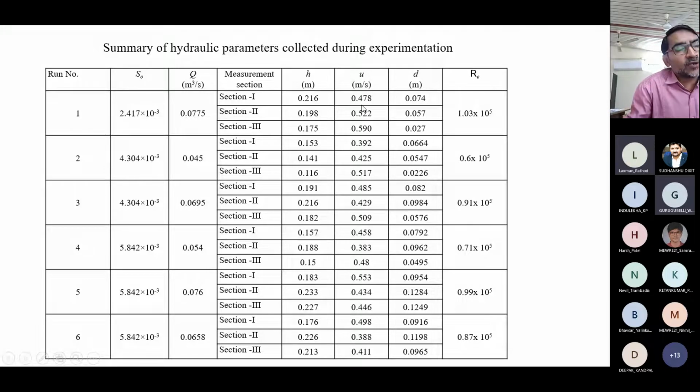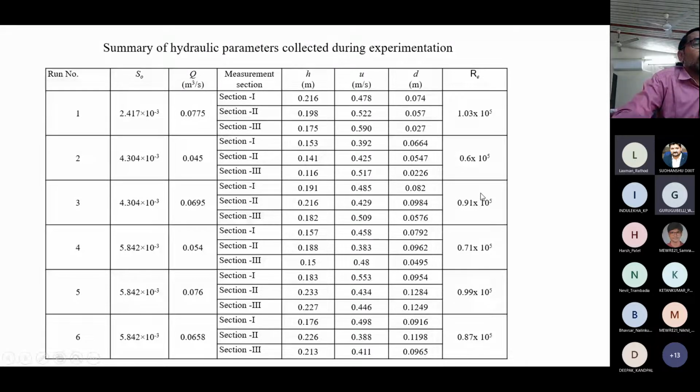This is again average velocity, Q upon area, taking the average depth at that particular time, and D, the depth of degradation. At section 1 it is this much, section 2 this much, section 3 this much. Likewise, for all 6 experimental runs, these data are available, and the Reynolds number is quite high.